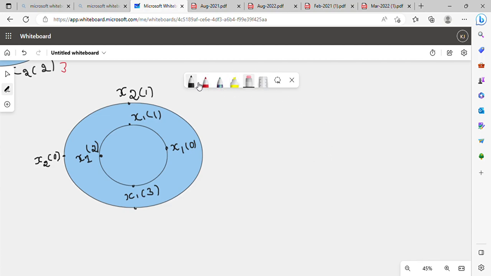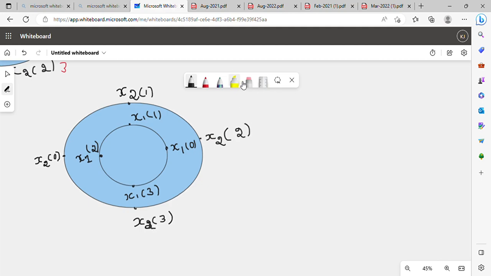Yes. So it is x2 of 2. You are going to shift all the things in the anti-clockwise direction here. Yes.